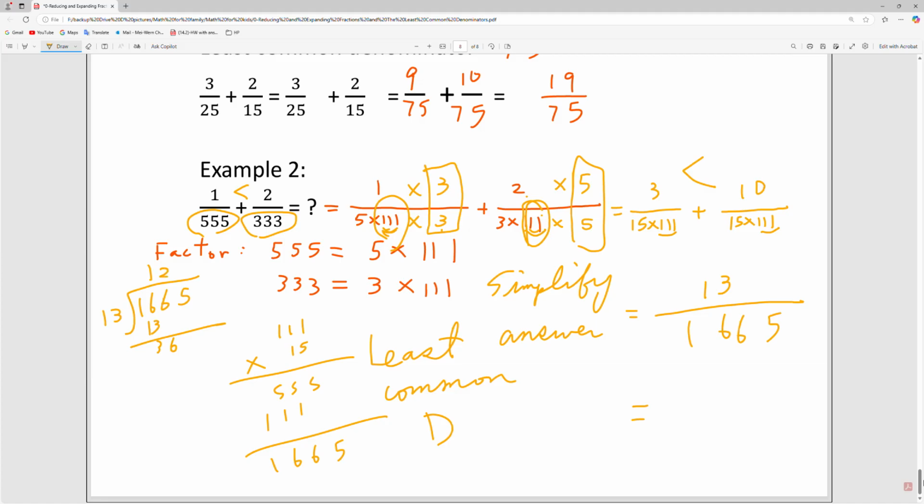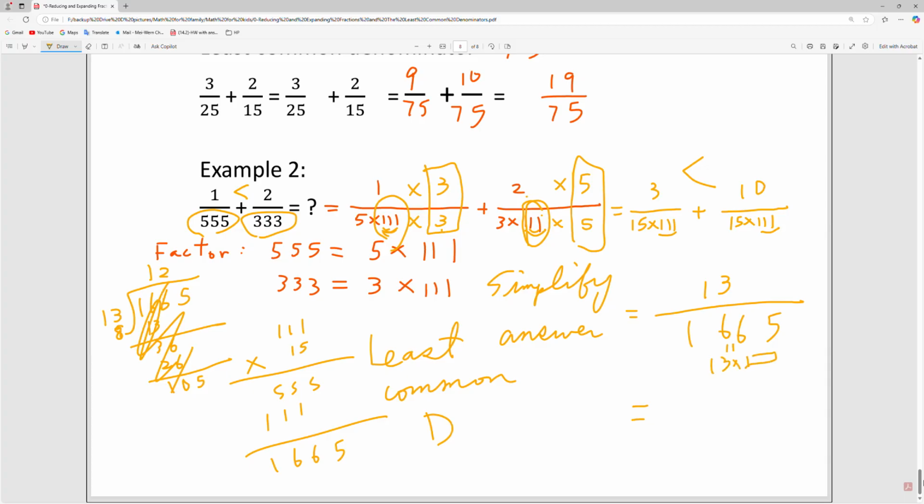36 to 26. Wow. 105. Can I? Oh, cannot. So 1665 is not 13 times anything.